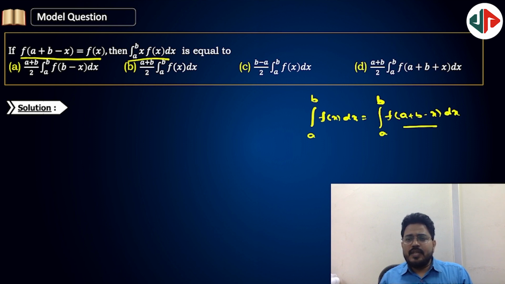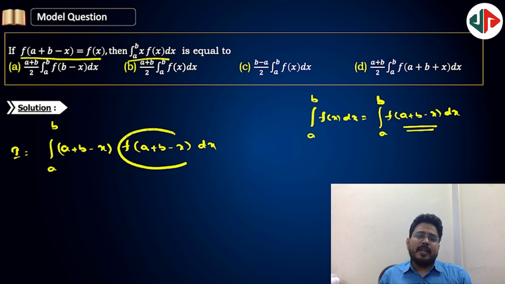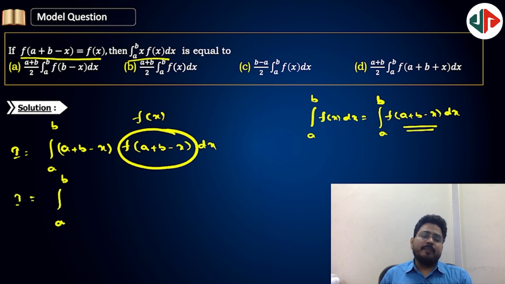If you use this, I is equal to integral a to b, and in place of x you get a plus b minus x, and f of a plus b minus x dx. This value, I can replace as f of x. So what is I? I is equal to integral a to b x f of x dx.